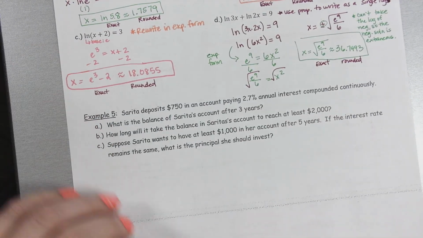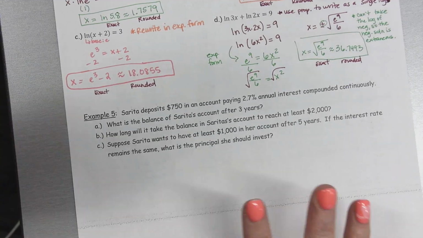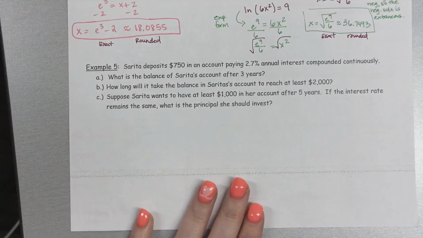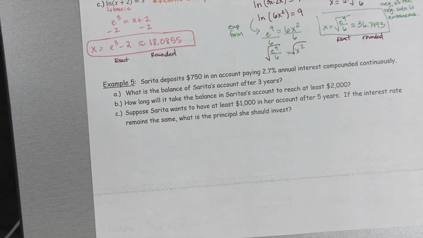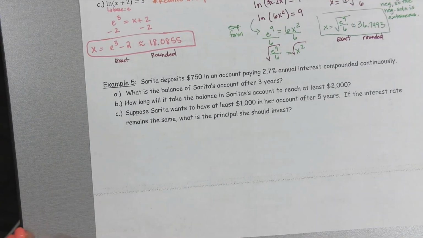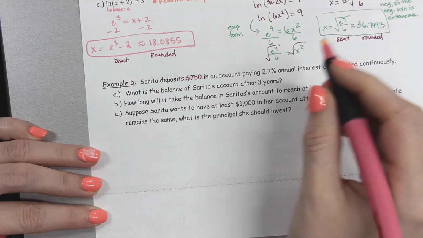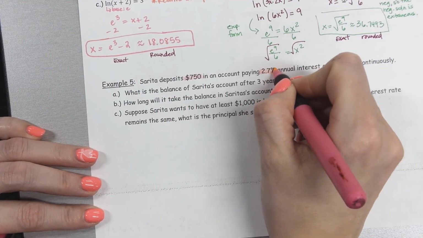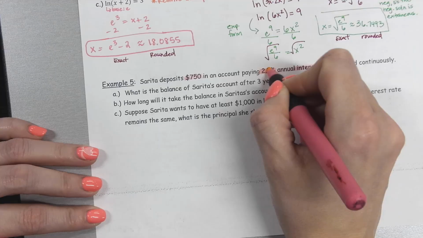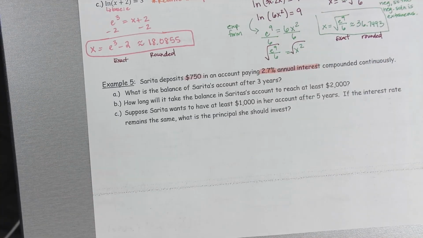Okay, and then for example 5, something else is going to come back that we talked about in chapter 7. Yep, the PERT formula. So Sarita deposits $750 in an account, paying 2.7% annual interest, and it says it's compounded continuously.